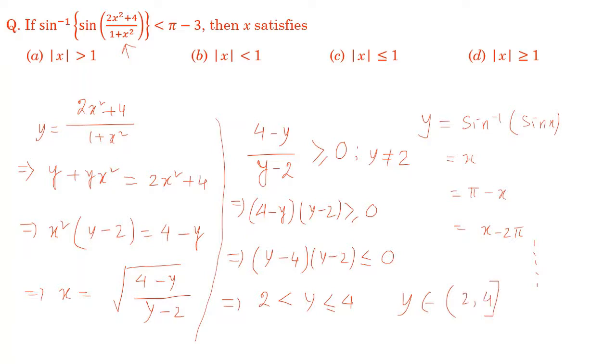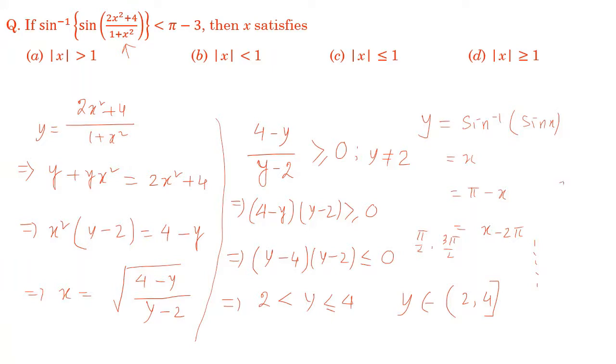So 2 up to 4 is in which part? It is in the part, I think you see here, pi by 2 up to 3 pi by 2, because pi by 2, 3.14 divided by 2 is 1.57, up to 3 pi by 2.